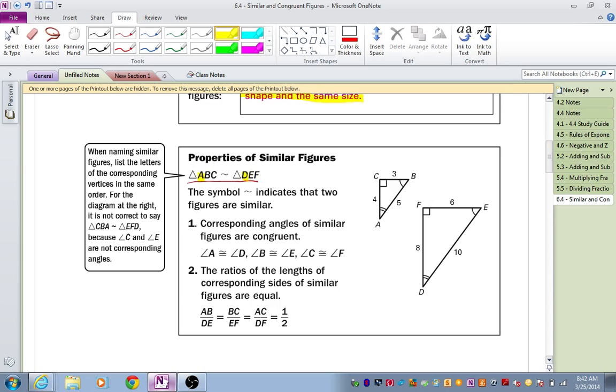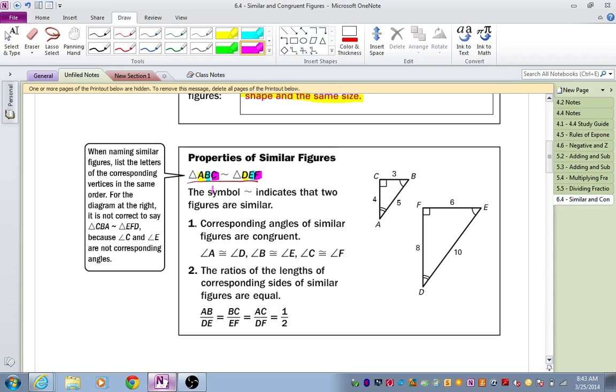So angle A is congruent to angle D. Now, angle B is second and angle E is second, so that means that B and E are corresponding angles, which means that angle B is congruent to angle E. And finally, we have C and F, which means they correspond, so angle C is congruent to angle F. So the letters match up in the names with their corresponding parts.